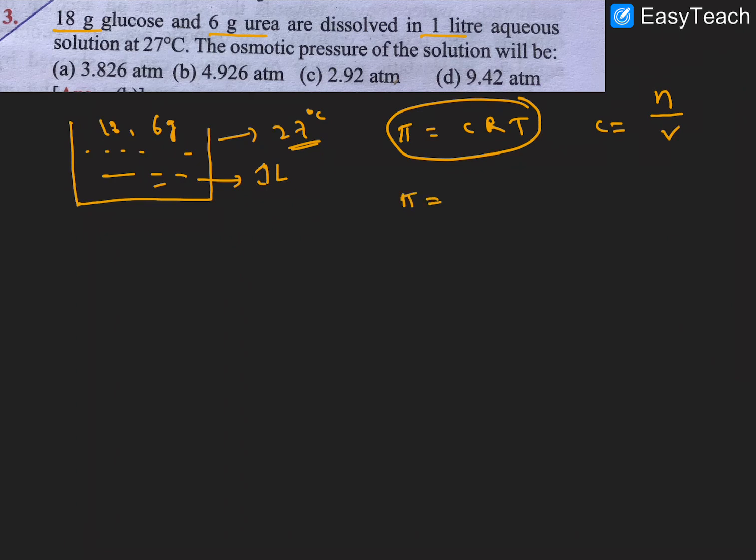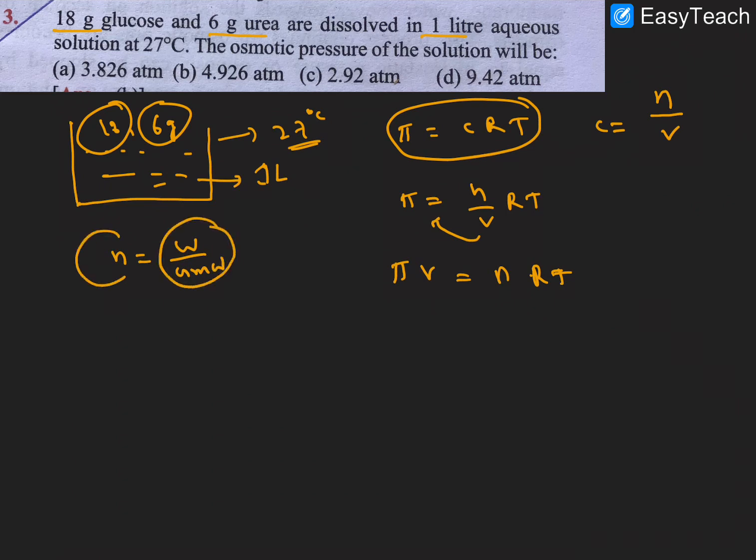So we can take pi is equal to n by v RT, so pi into v equal to nRT. But here two different solid particles are there. We know that n is equal to weight by gram molecular weight, this is the number of moles formula.